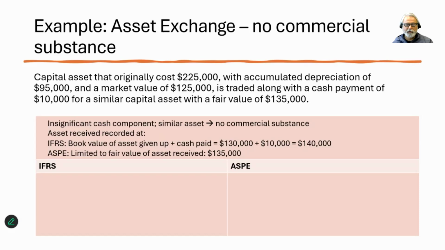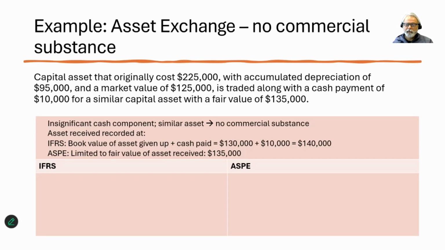So that gives you 140,000. But then you ask, okay, so what's the fair value of what we received? The fair value of what we received is 135,000. ASPE says an asset cannot be recorded for more than its fair value. So, okay, well, fair value is 135. We'll have to go with 135 there.